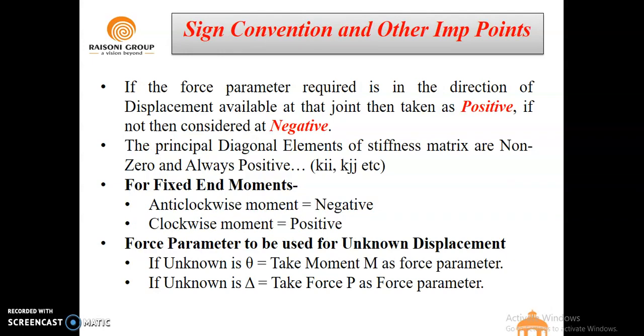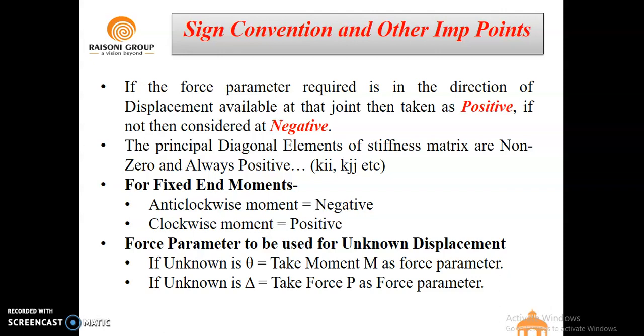Sign convention used and other important points. If the force parameter required is in the direction of the displacement applied, then it will be taken as positive. If not, it is considered negative. Meaning if the force parameter required is in the opposite direction of the displacement applied, that stiffness element will be treated as negative.